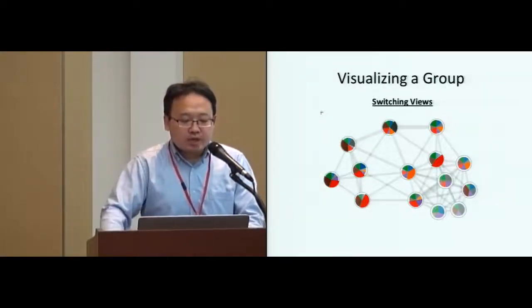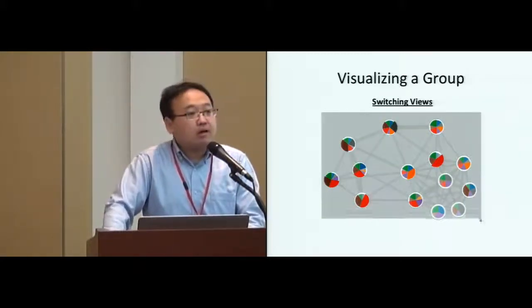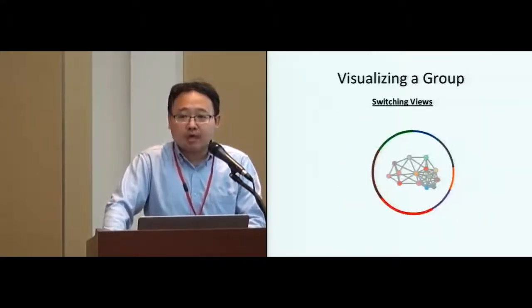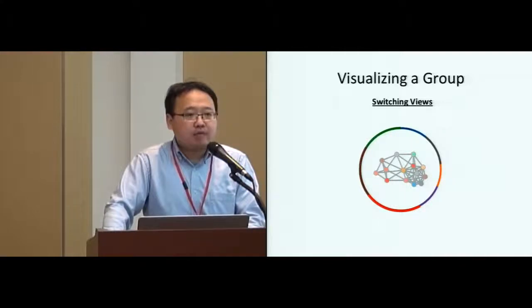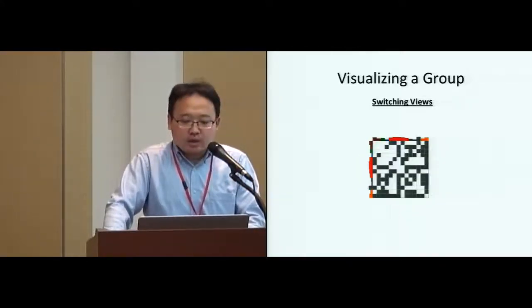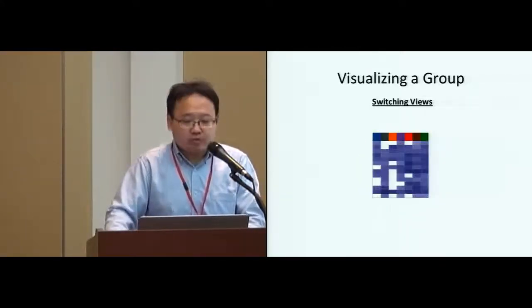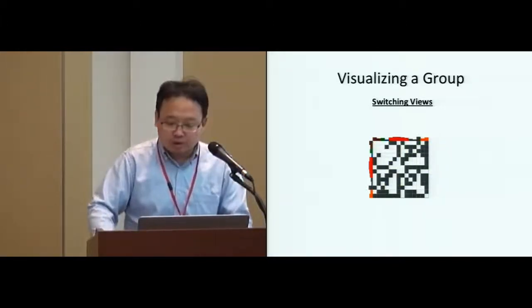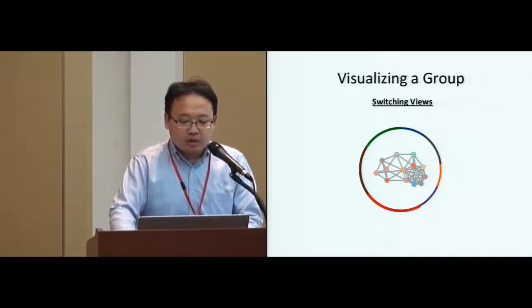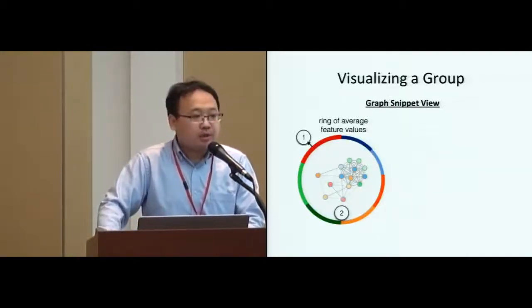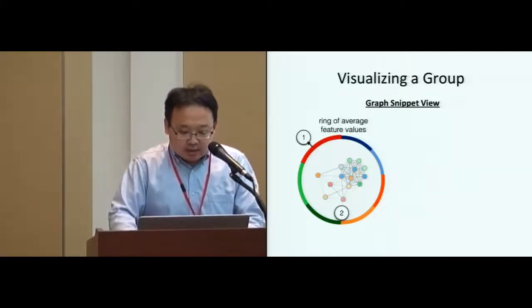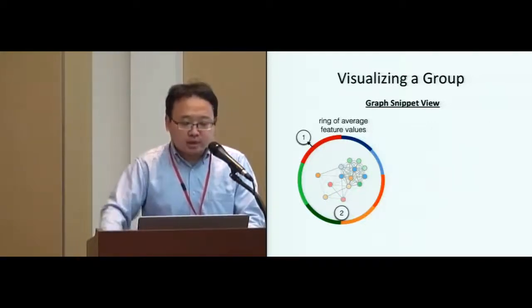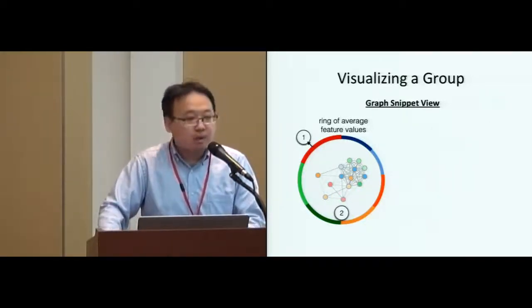So this is how we visualize a multivariate graph. And the next question is how can we visualize a group inside the multivariate graph? So we have developed several iconic views, which are switchable via interactions, to represent different aspects of a group in the multivariate graph. The first view is called a snippet view, and this view is designed to capture the group's innate topology.